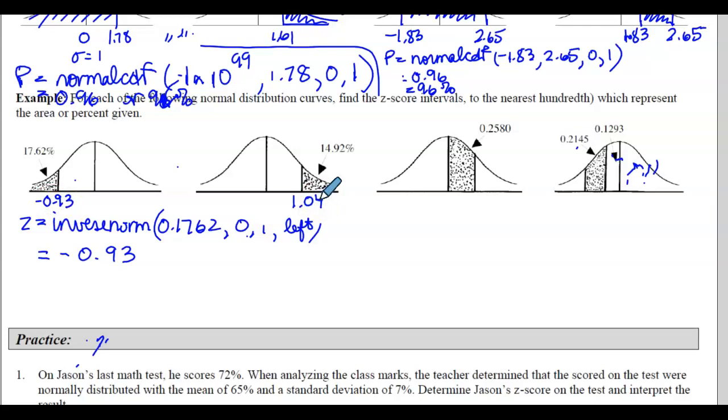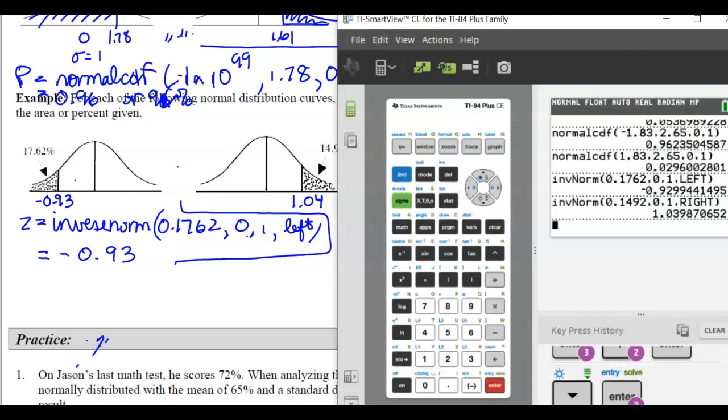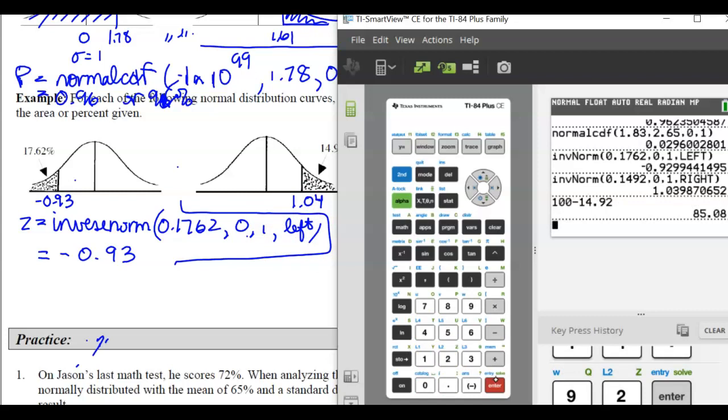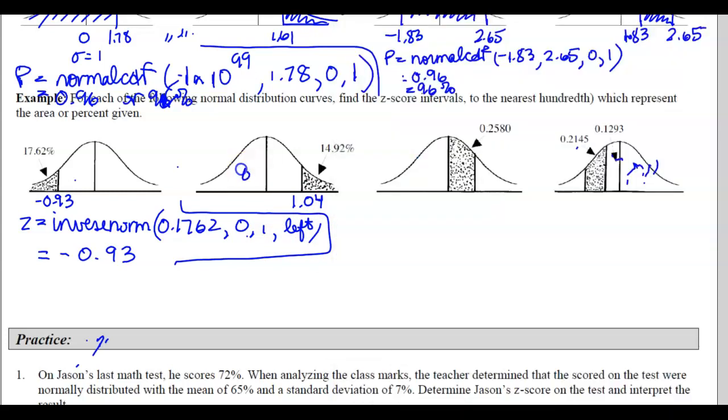Okay, so here's what we'll need to do. Older versions of the calculator take the percent going from the left. So what you need to do is go, okay, 100% minus 14.92, and this is going to be 85.08.